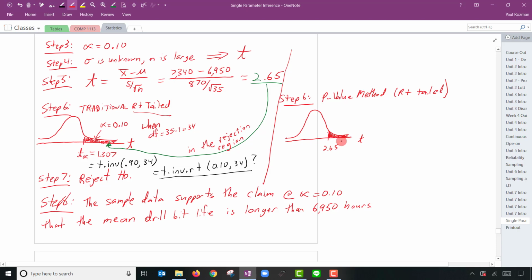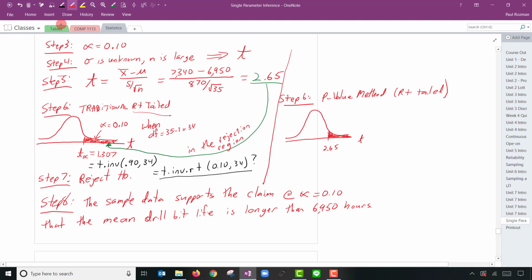This is our p-value. Of course, with the table, this is really hard to do actually, because 2.65 is probably not going to be in the table.